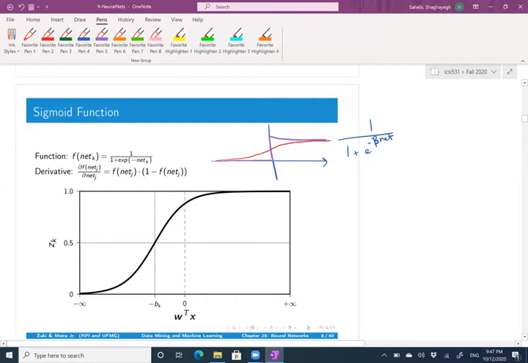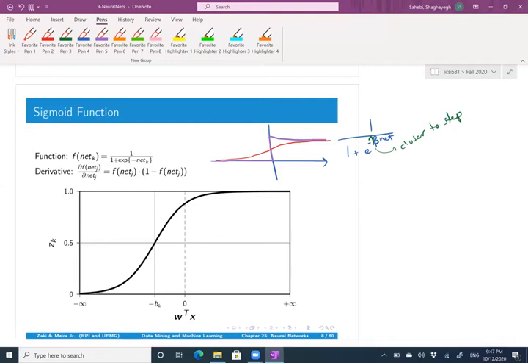And as we increase b, we are going to get closer to the step function. Okay.